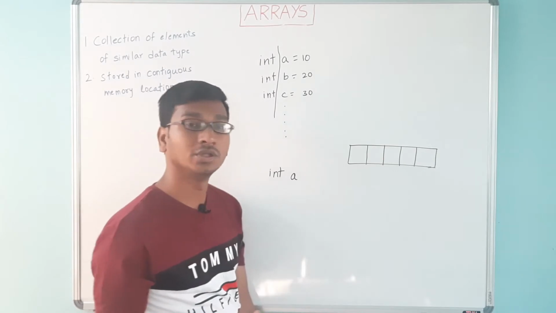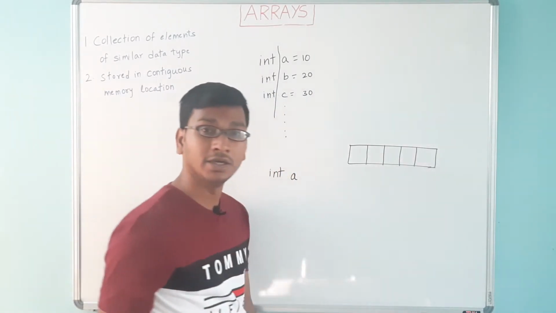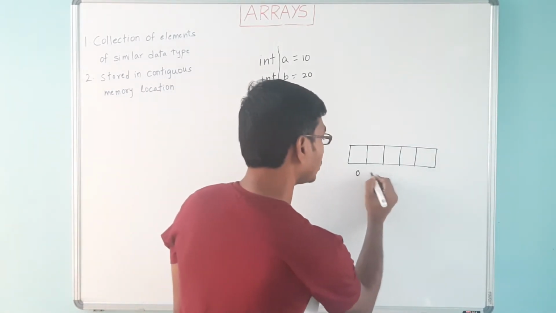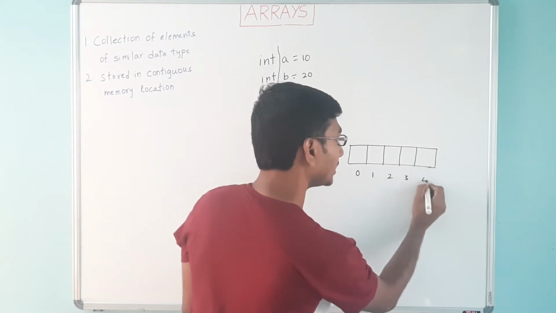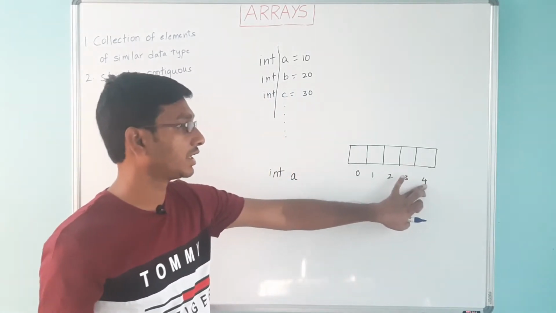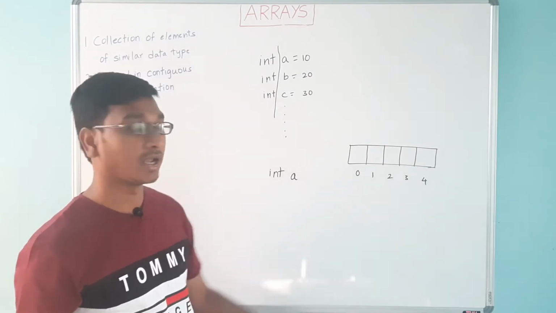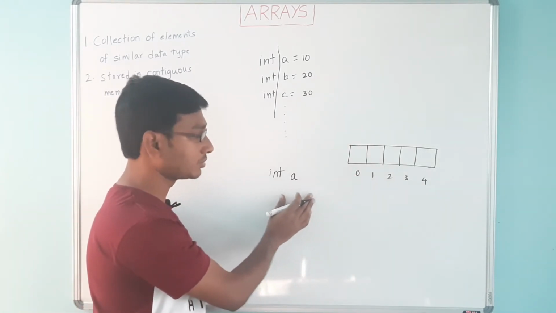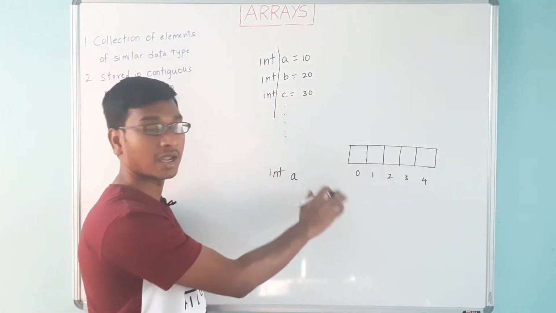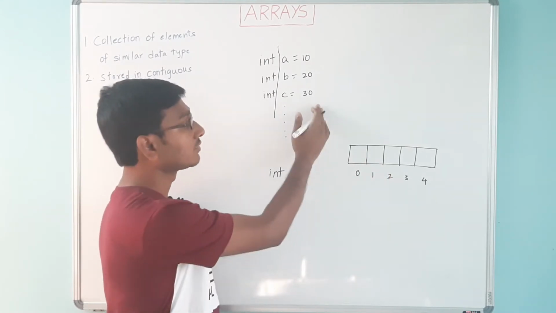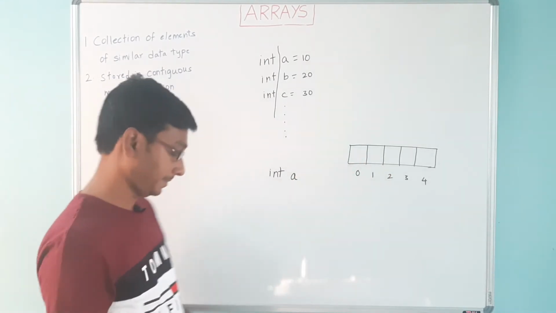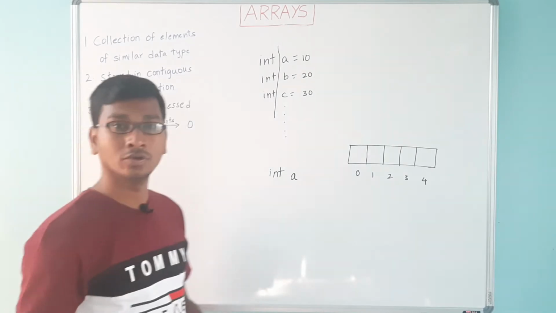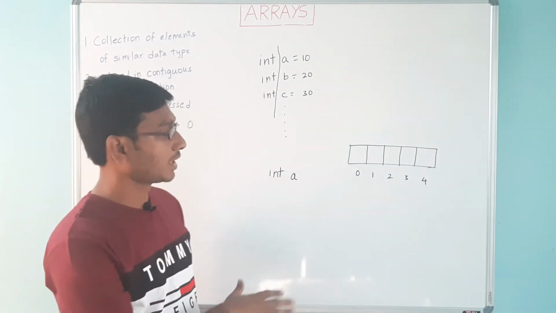We can do that using the indexes, and index starts with 0 till the last element in that array. Using these indexes and this array object, we are going to store and access the values of the elements of this array. So let me put it here. So this is about the array properties.